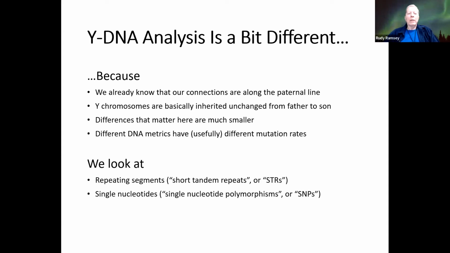They tend to occur in a single location along the Y chromosome, and the mutation rates here. There are two different mutation rates involved in Y-DNA, but they both happen frequently enough to be interesting. I'll tell you what they are in a minute.